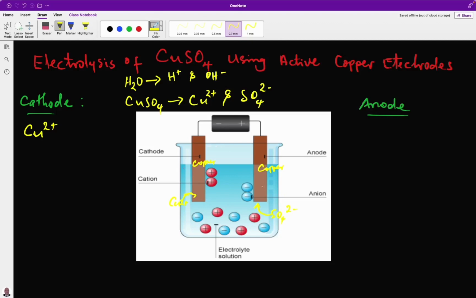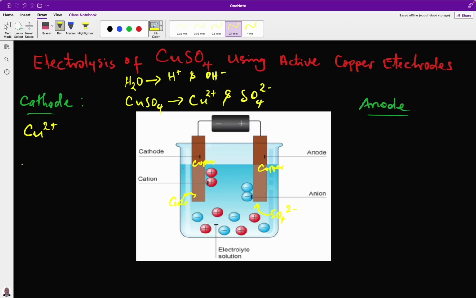But what is really going to take place entirely? The sulfate will have nothing to do here. So the reaction at the cathode will be this one. There is reduction taking place there.